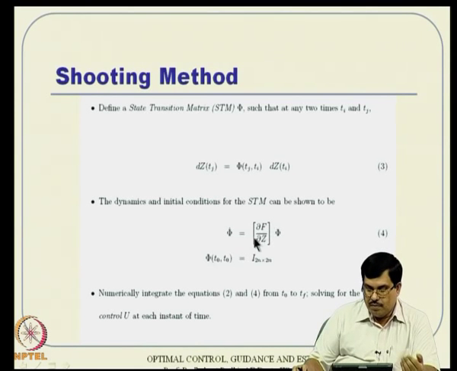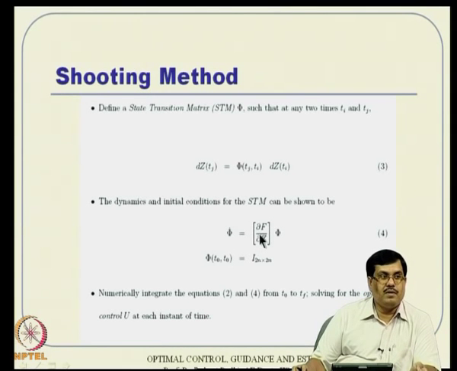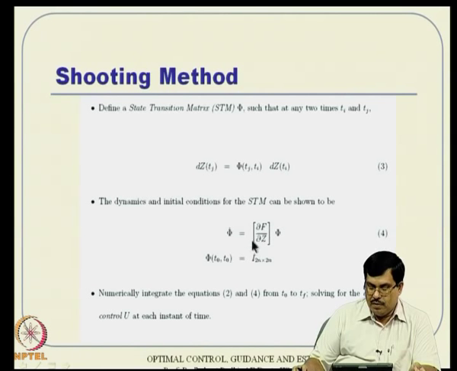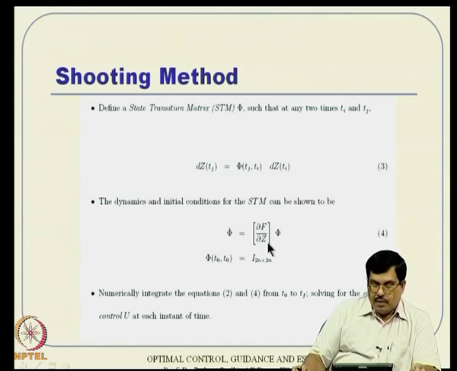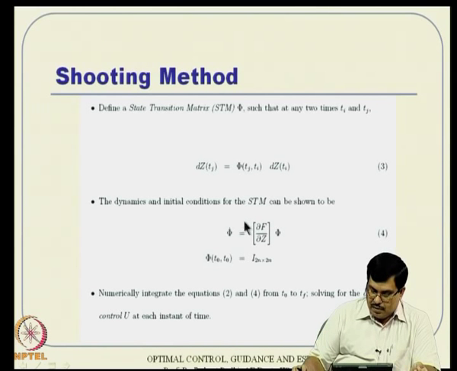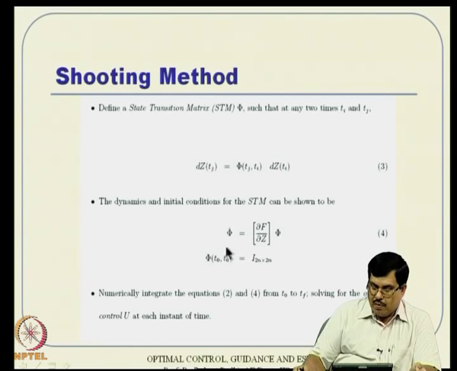It is coupled in that sense, because the value of del f by del z can vary depending on which segment you are talking about. But those details aside, you have a state transition matrix and the corresponding initial conditions, so this system of equations can be integrated and you get phi of t j, t i. So we proceed further.